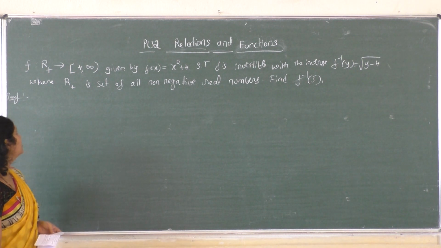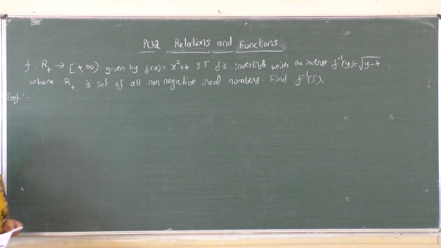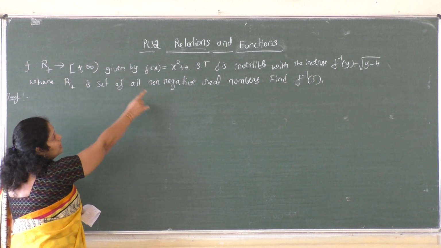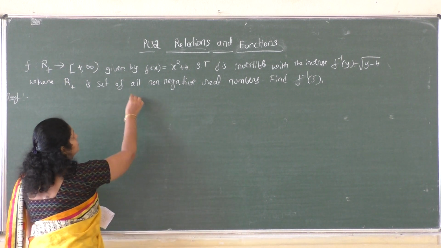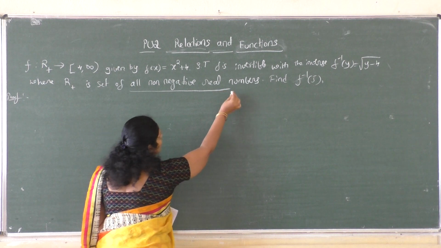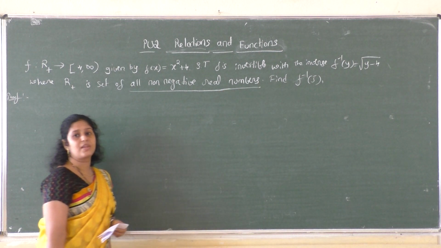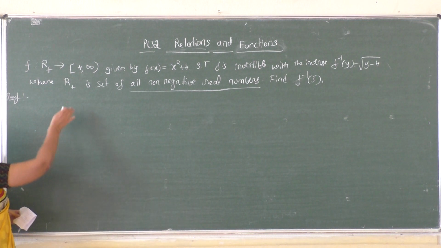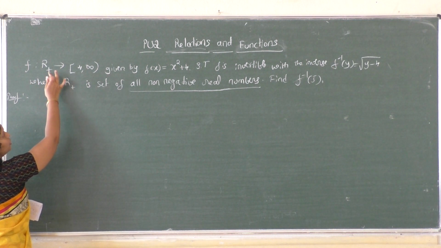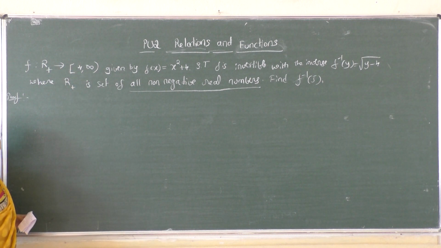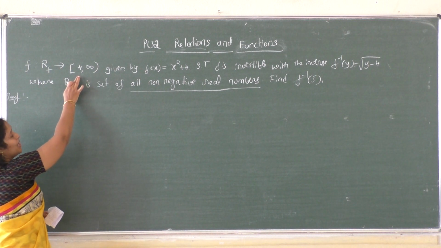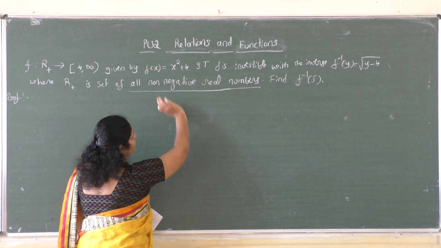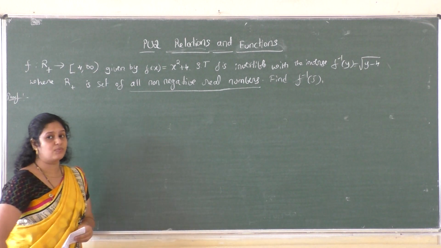Now here the function f is from R plus, the set of all non-negative real numbers, which is the domain, to the closed interval 4 comma infinity. The function is f of x equals x square plus 4.